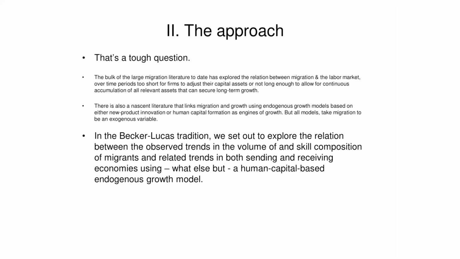So first of all, the approach. I have to comment that this is a tough question to answer, at least the way we're going to try and do it. The reason will have to do with the distinct property of the model that we come up with.